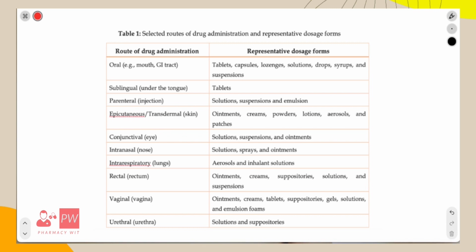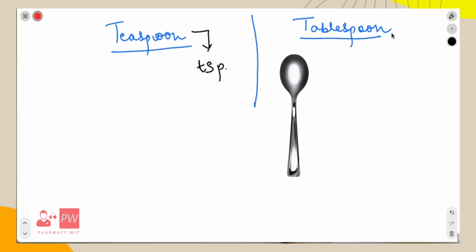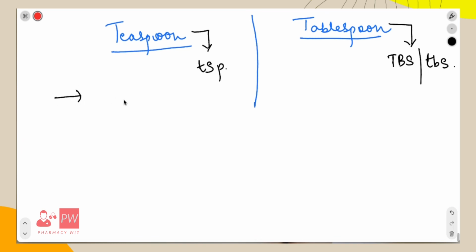Now the next is teaspoonful and tablespoonful. Teaspoon is abbreviated as small tsp, and tablespoon is abbreviated as capital TBS or small tbs. In calculating doses, the pharmacist and physician accept a quantity of 5 ml for 1 teaspoonful and 15 ml for 1 tablespoonful.